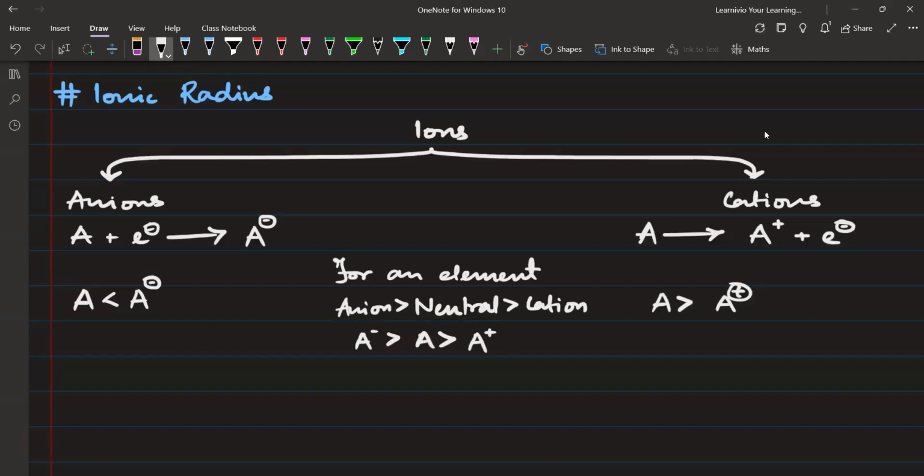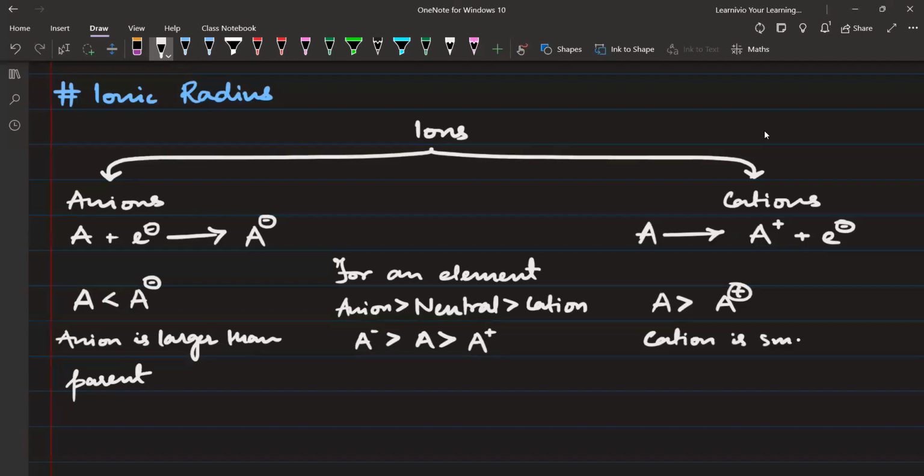If you are comparing in an element only, the cation is smaller than the parent.